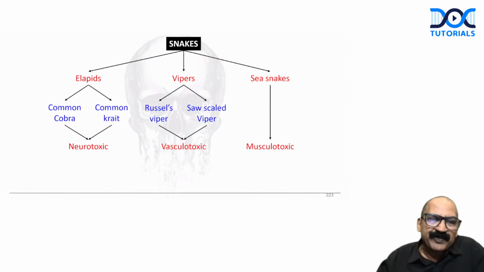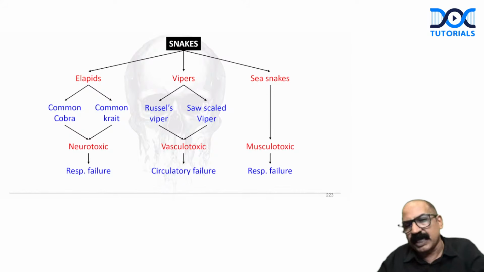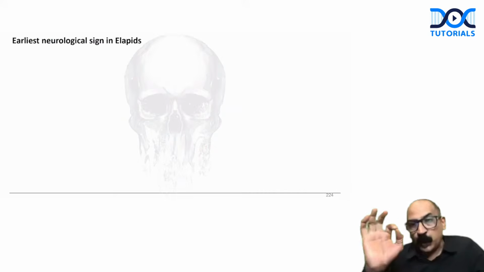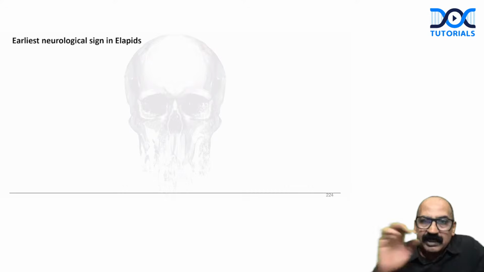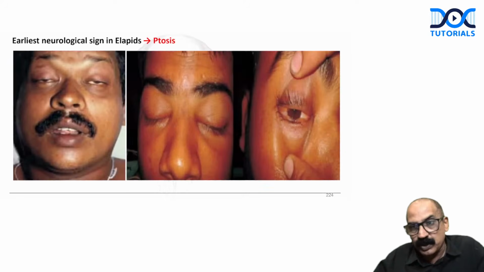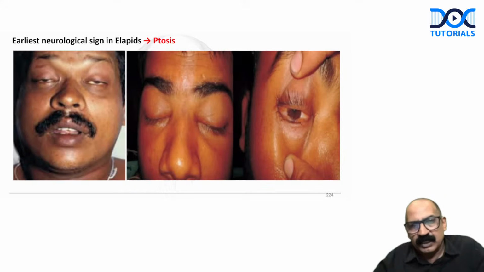So, cause of death is respiratory failure in elapids, circulatory failure in vipers, which give rise to severe coagulopathy, and in sea snakes paralysis of the muscles of respiration, leading to respiratory failure. Because of the neurotoxicity of elapid, the earliest neurological sign is ptosis, where you get external and internal ophthalmoplegia.